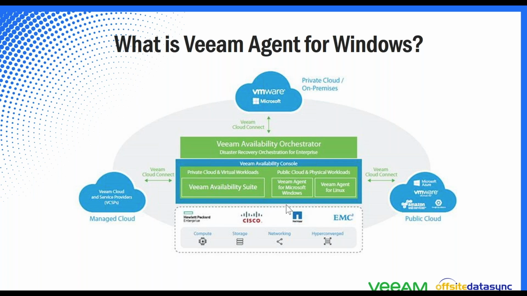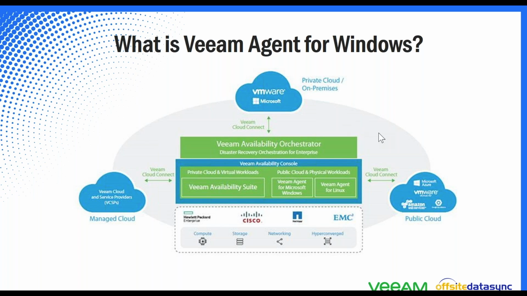Now, all of these are able to be managed by the Veeam Availability Console. This Availability Console has actually been renamed to the Veeam Service Provider Console. This slide is a few months old. That's just happened a few weeks ago. But we're going to be talking about that in a little bit. And that provides management for our entire environment. And then we have the ability to orchestrate the failover or recovery of all of this data. And all of that sits under this umbrella of what we call Veeam Cloud Connect.